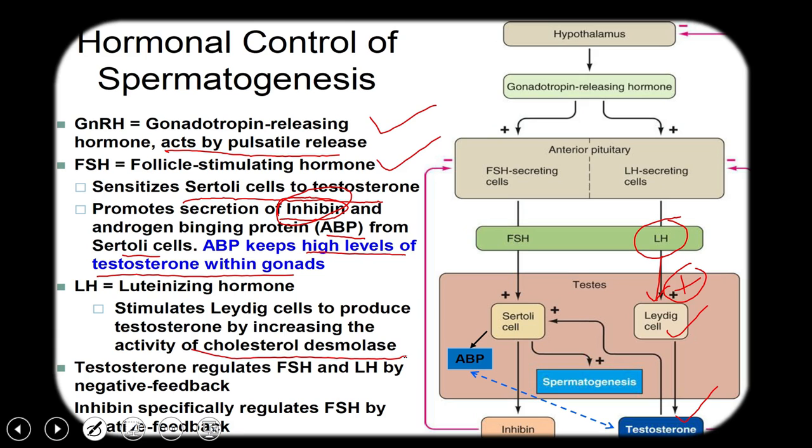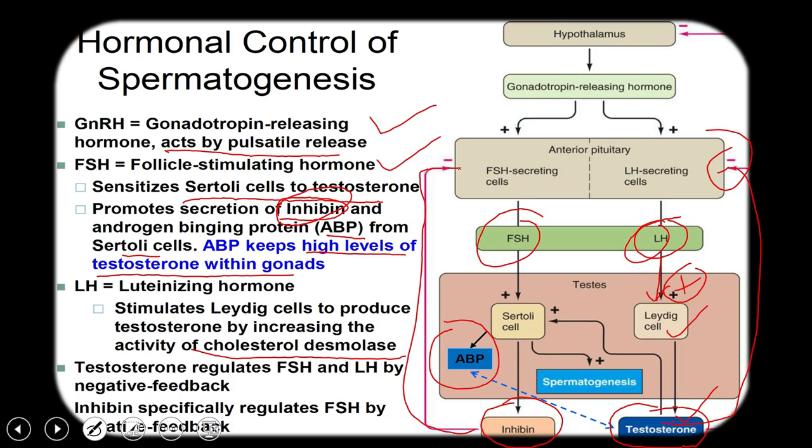Androgen binding protein ultimately increases the permeability of testosterone into the seminiferous tubule, and testosterone also regulates FSH and LH levels by negative feedback inhibition. Inhibin also regulates FSH as well as LH. So these two hormones, testosterone and inhibin, both regulate the amount of FSH and LH by negative feedback inhibition.